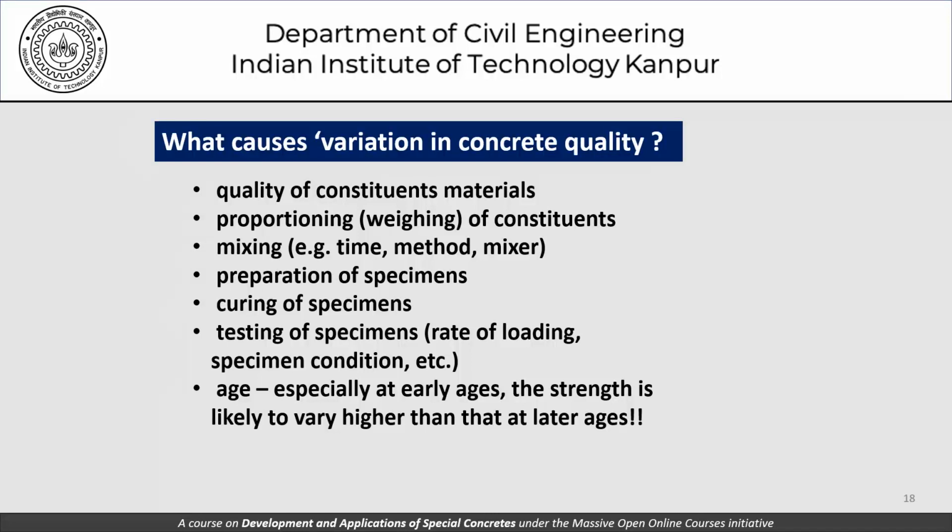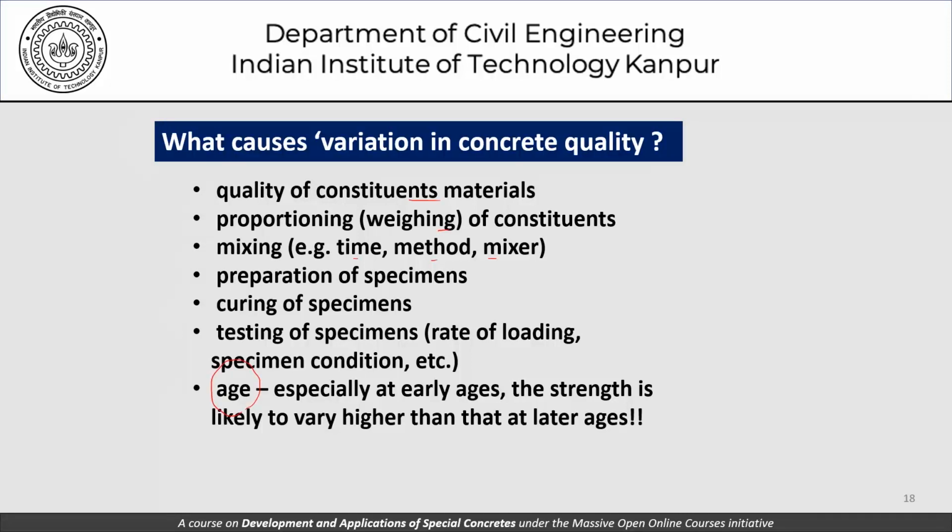There can be many causes. There can be variations on account of quality of constituent materials. There could be differences in the proportioning or the balances that you use. There are errors in weighing. There could be differences in mixing, time, method or the mixer involved, preparation of specimens, curing of specimens, testing of specimens, which could include things like rate of loading, specimen condition and so on, and of course the age.